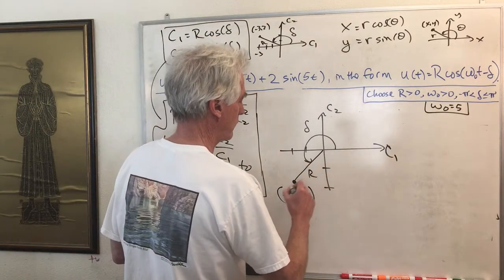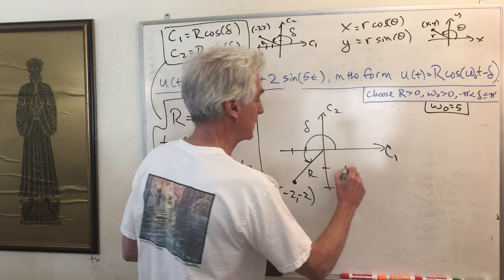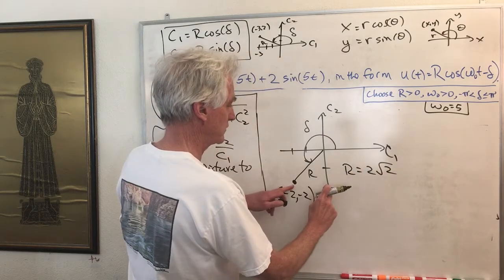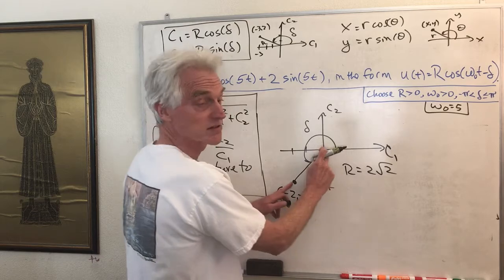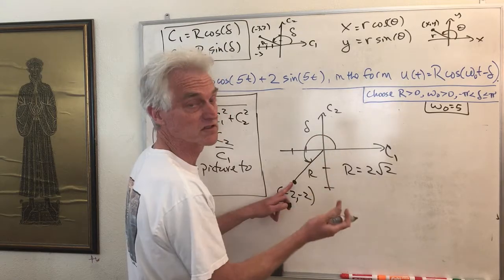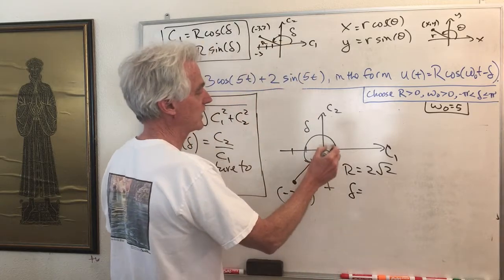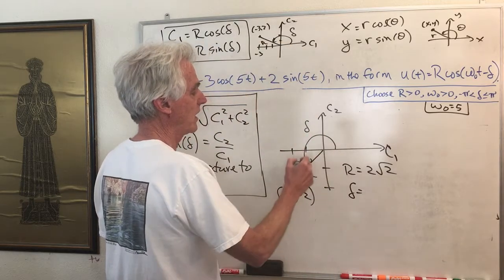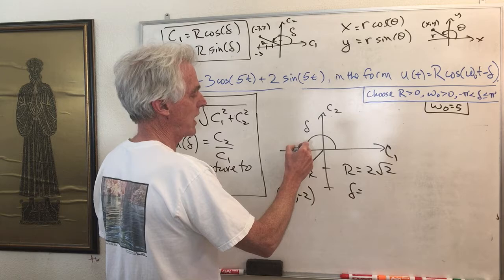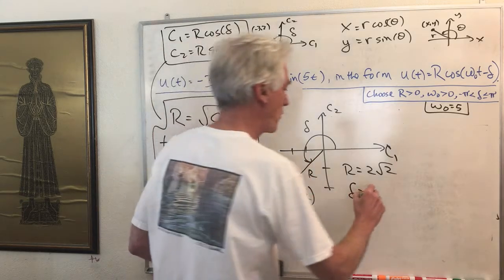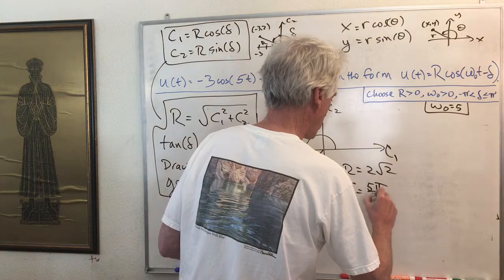So, just kind of from geometry, R is 2 square root of 2. That distance is 2, that distance is 2, so that's 2 square root of 2, the diagonal of a square. And then delta is, well, I can think of delta as pi plus pi over 4. Delta is like 5 pi over 4.